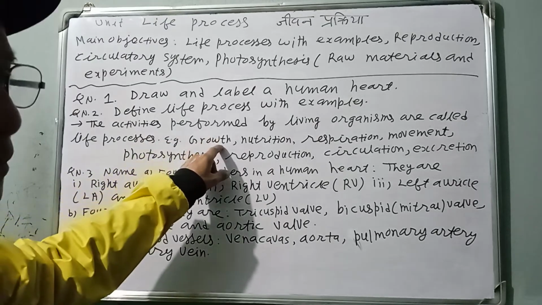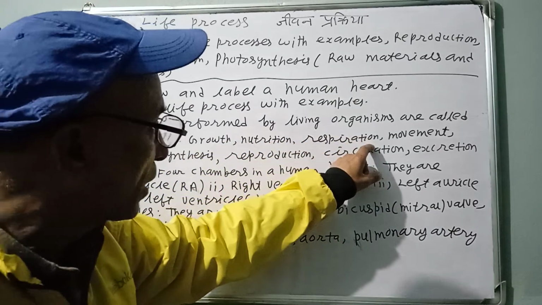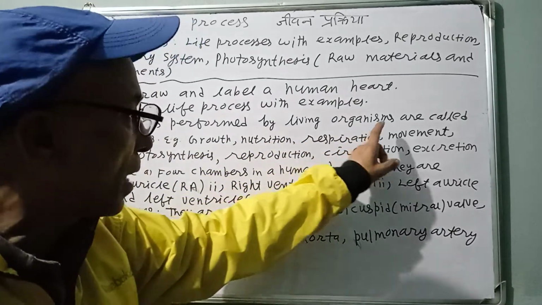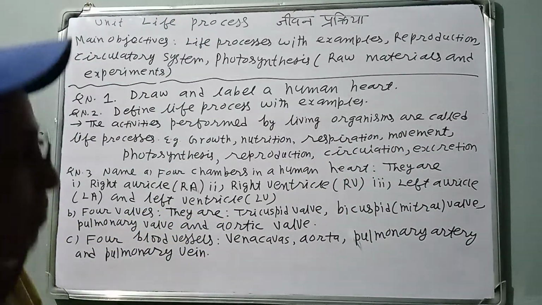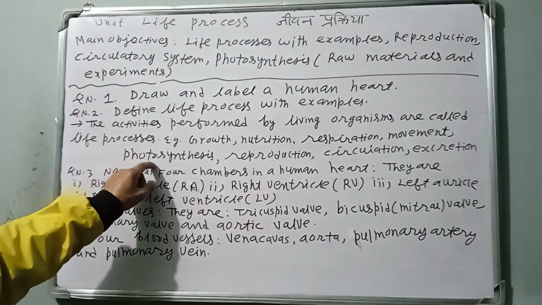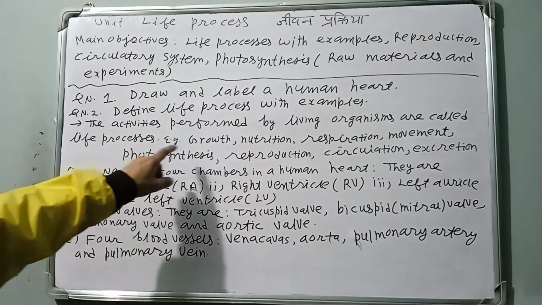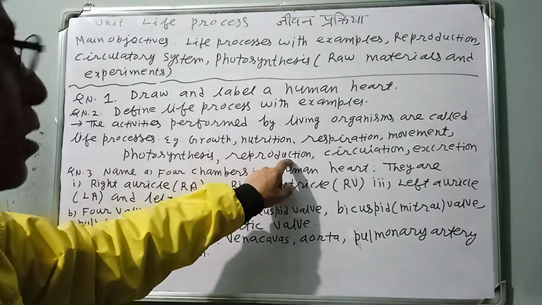For example, growth, living organisms grow. Nutrition, take food. Respiration, take oxygen and give out carbon dioxide. Movement or locomotion, move from one place to another. Photosynthesis, process of making food by green plants.